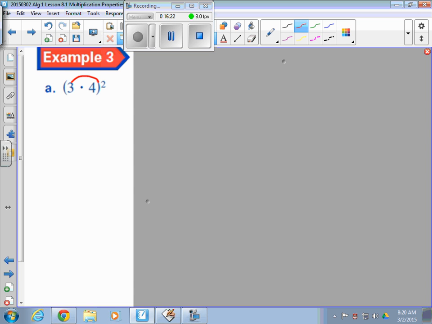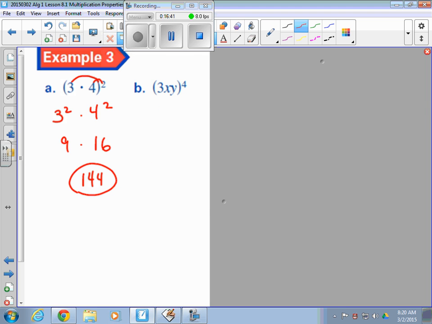Make sure both things get squared. So that's 3 squared times 4 squared. 3 squared we know is 9. 4 squared is 16. And 9 times 16 is 144. So 144.